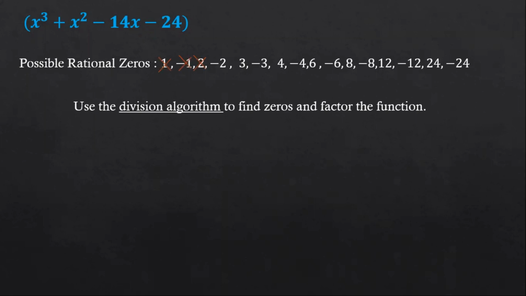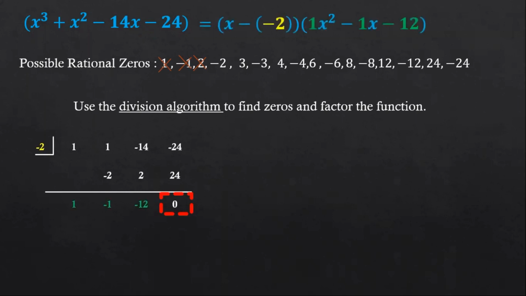So I don't need to test them. I do need to test -2 again, however. It could be a multiple zero. And sure enough, it is. So this cubic can be rewritten as x minus -2 times x squared minus x minus 12.